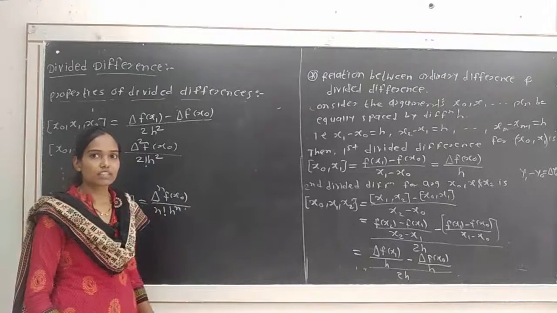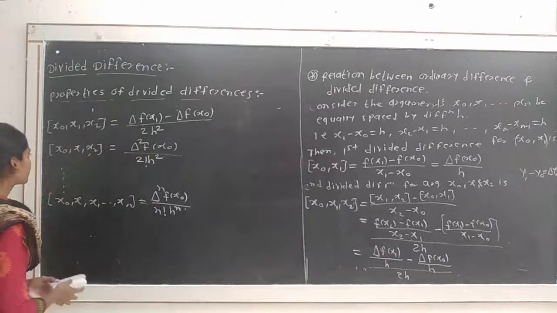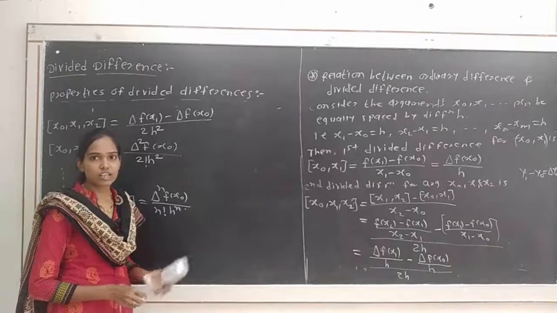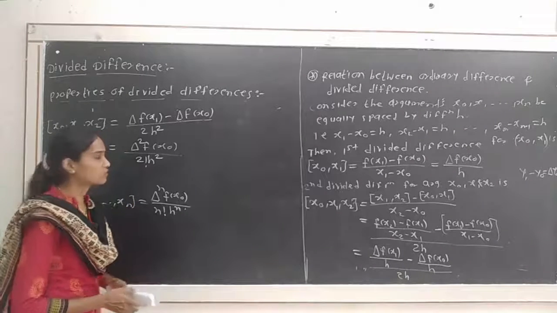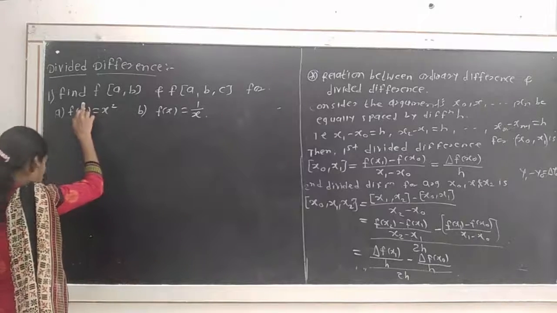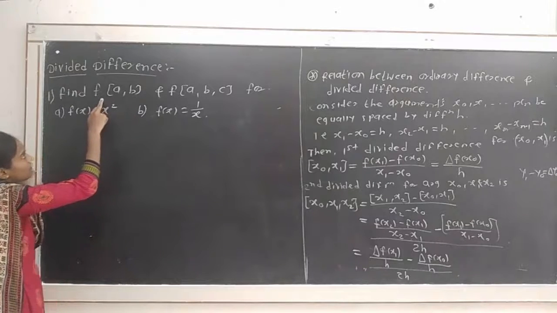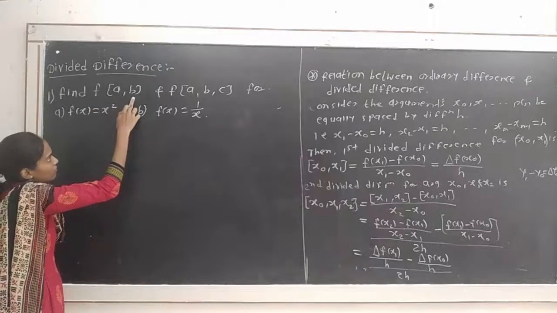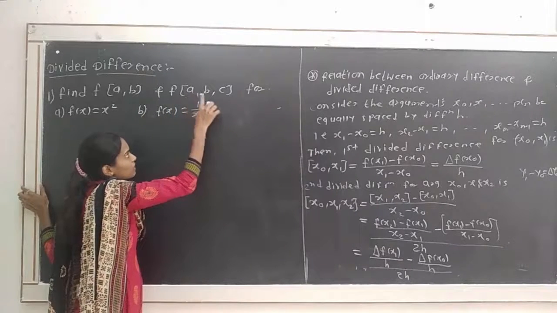Next we solve some examples on the divided difference, that is, we find the first divided difference and second divided difference for some functions. See the example. We have to find the first divided difference for the argument a and b, then the second divided difference for the argument a, b, c.